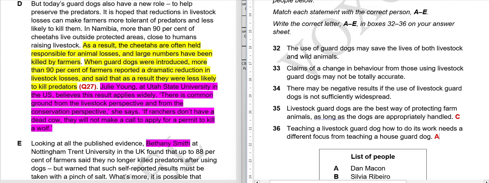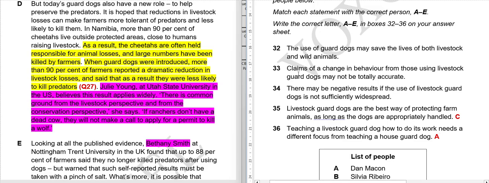So let's see first. The use of guard dog may save lives of both livestock and the wild animals. Can this be our answer of this particular person, Julie Young? Is this person saying we can save life of both livestock and wild animals?